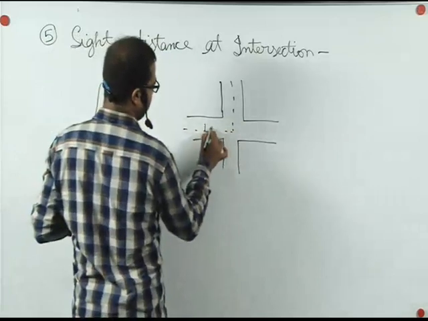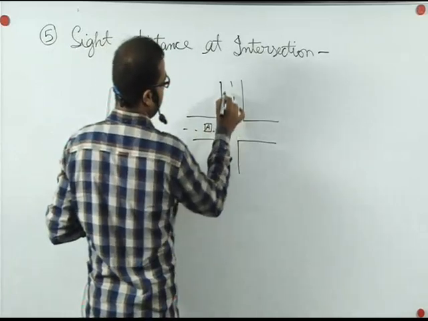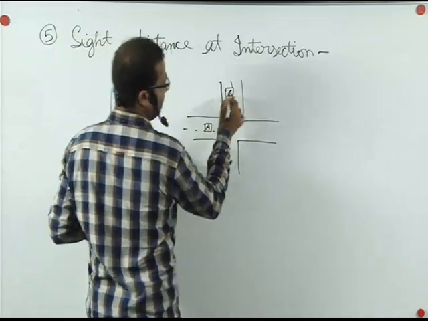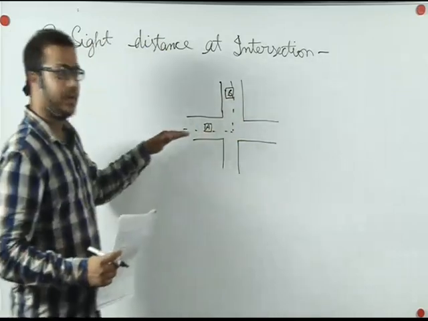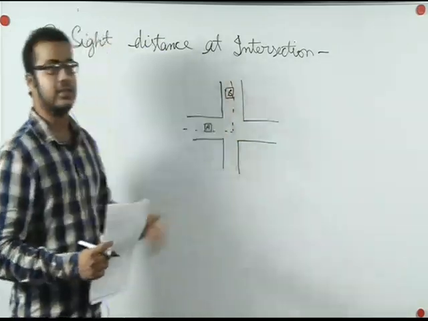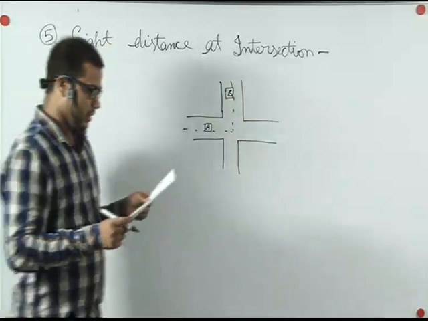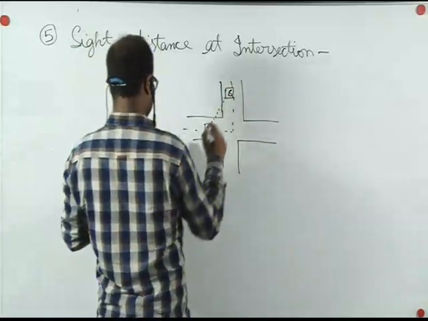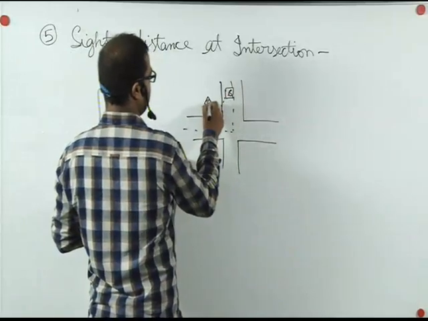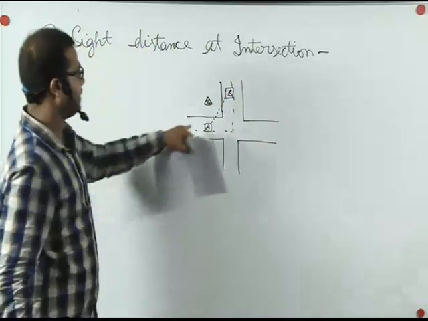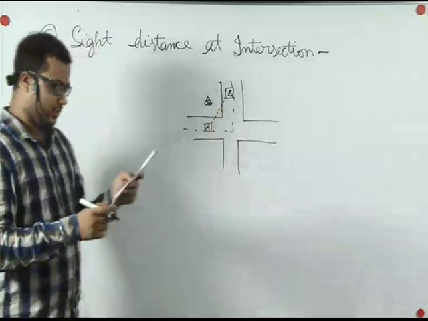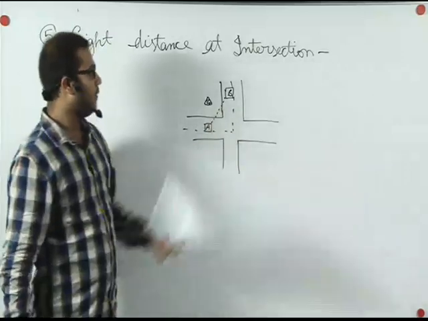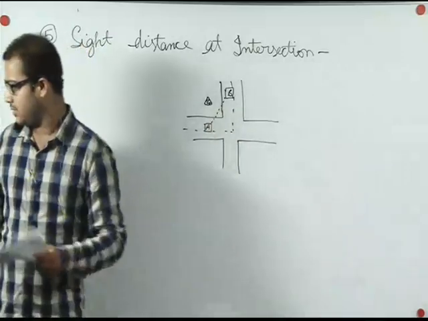Suppose a vehicle named A and there is another vehicle B. They both are trying to cross against this. So for that there is a particular distance which is required, which is sight distance at intersection. Okay? So I will discuss about it in detail.